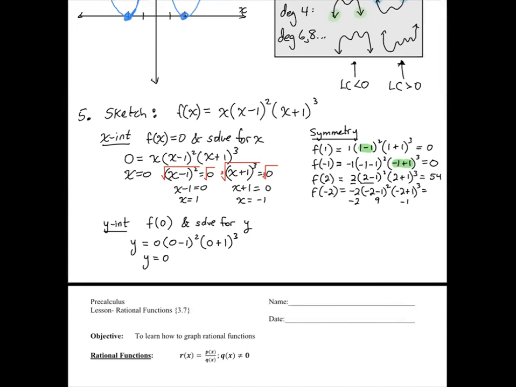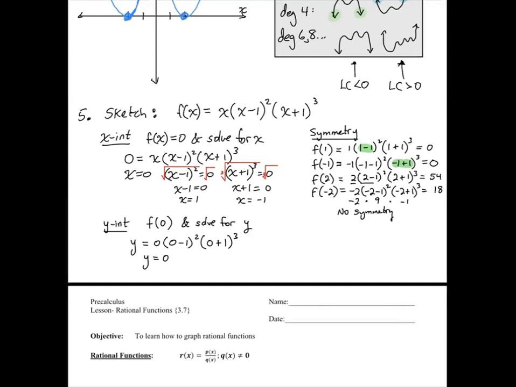So I have -2 times 9 times -1. That's not going to give me a 54. It's not going to give me a -54. It's going to give me a positive 18. So there is no symmetry, specifically with the axis or the origin.